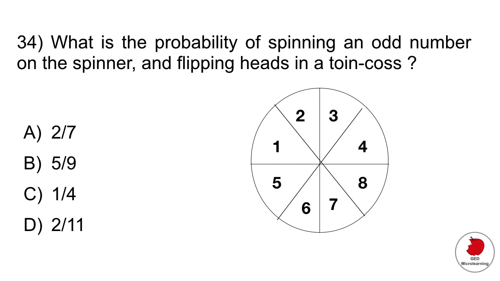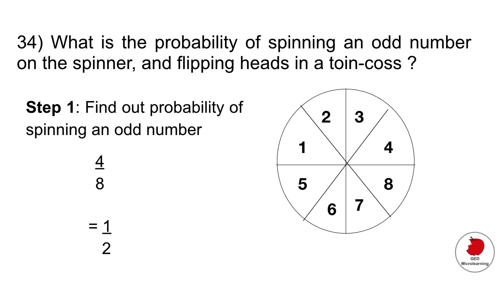All right, so this one's a little bit trickier. It says, what is the probability of spinning an odd number on the spinner and flipping heads in a coin toss? Here, this is a 3-step process. The first step is to find the probability of spinning an odd number. There's 4 odd numbers out of 8, and you divide 4 by 8, which gives you 1/2.